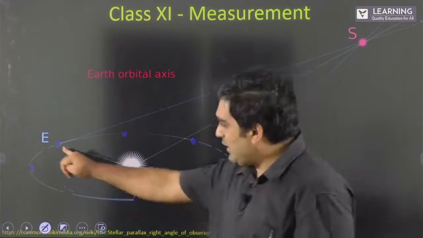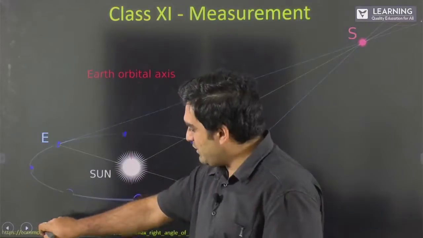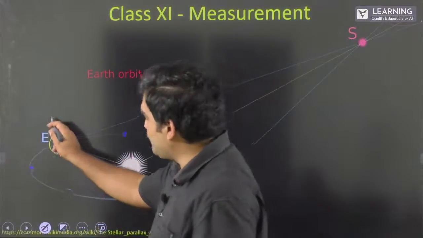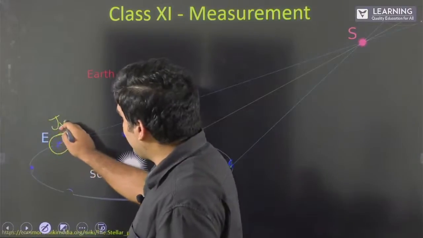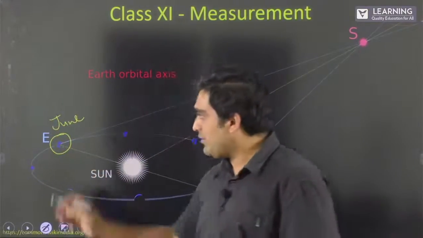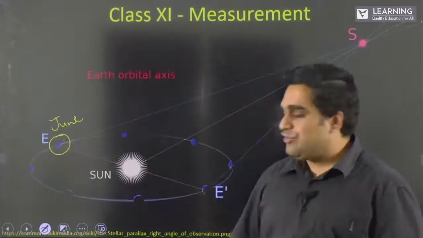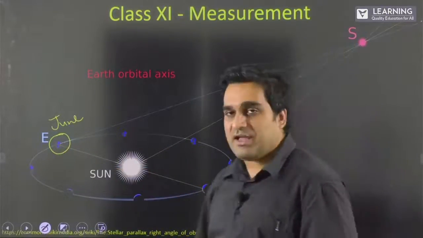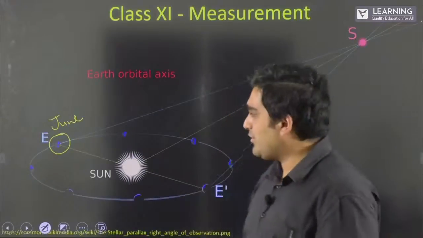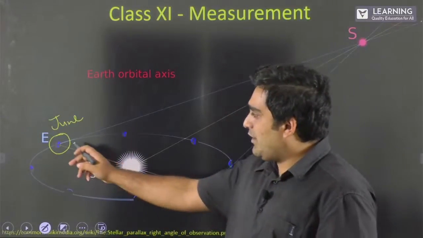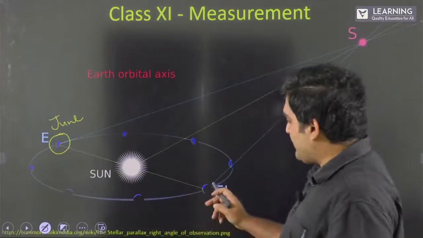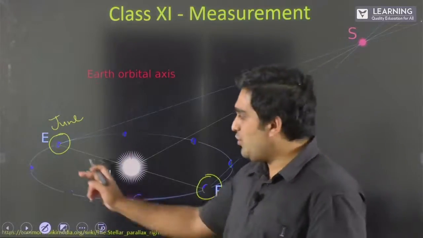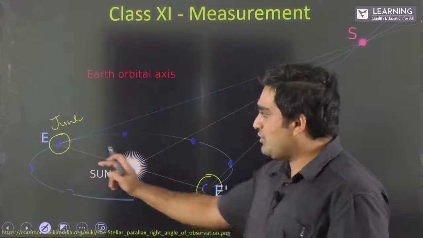So let's say the position of Earth in the month of June. Okay, you make an observation where the star is located in space, right? And after 6 months, Earth shifts to a new position which is opposite to the previous.